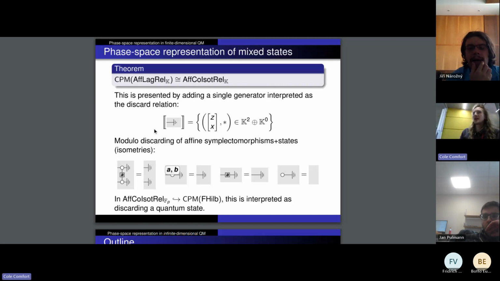And if you consider this discard relation as a generator itself, then on top of the equational theory of affine Lagrangian relations, we just have to impose the equations that it discards all of the isometries, which is given graphically by these equations for any A and B in your field. So in this case, over FP, all of these numbers will be integers modulo P. And now you have a graphical language for stabilizer quantum mechanics with discarding.